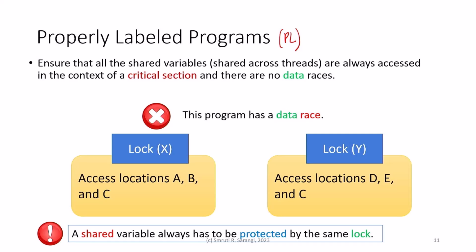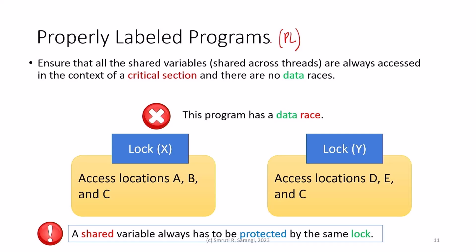There is a lot of theory which is covered in a typical advanced architecture course, but if I were to just summarize it for you, a properly labeled program is one where all the shared variables, we are not concerned about private variables here, are always accessed in the context of a critical section.